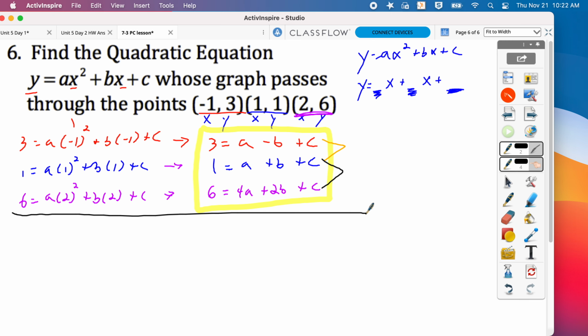All right, so the first 2. Eliminate the c's. Do your math.